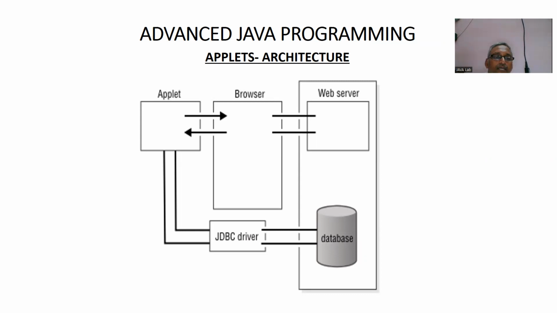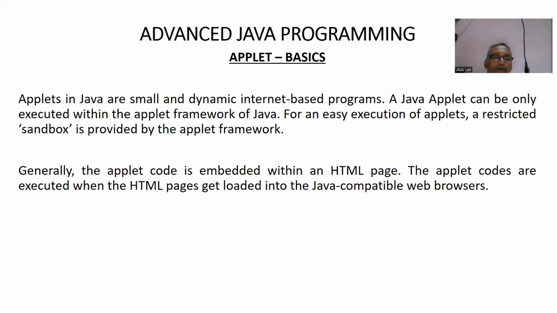The database server is connected to the JDBC driver, which is connected to the applet. The applet is also connected to a browser, which is connected to a web server that communicates with the database.